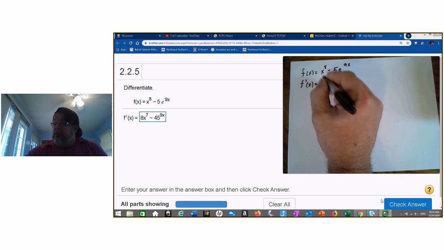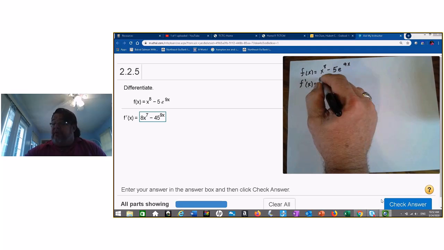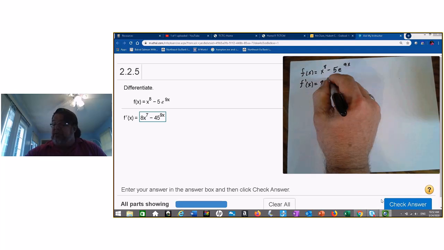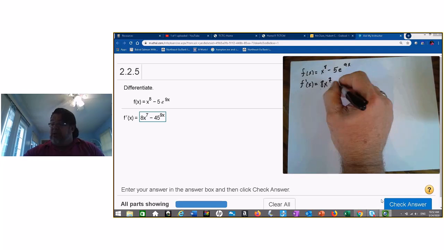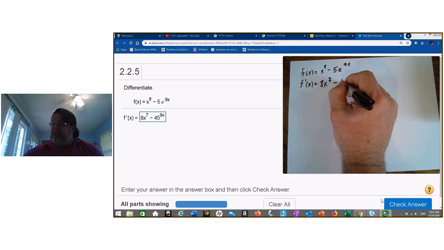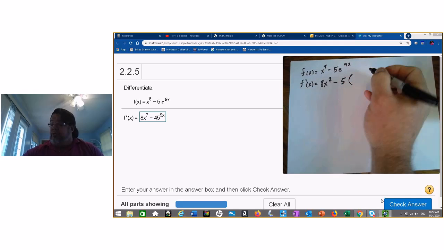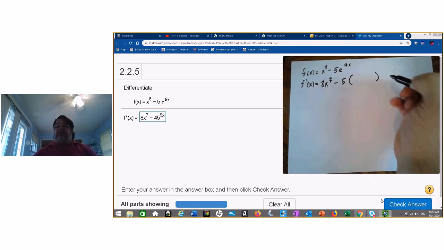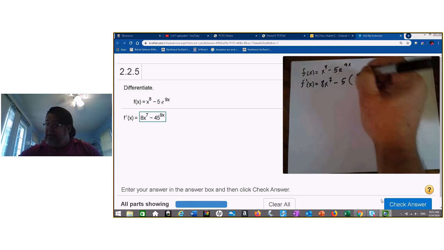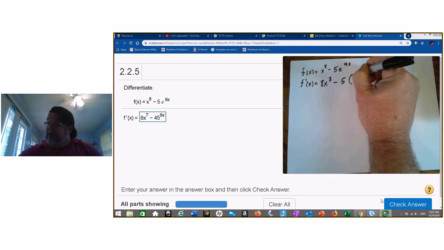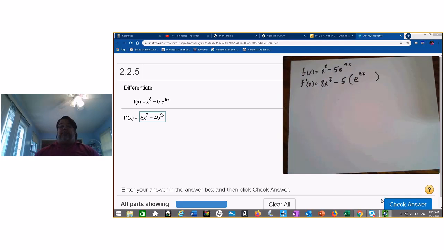All right, so the derivative of x to the 8th is 8x to the 7th minus, I'm going to pull that 5 out, and I'm just going to do the derivative of e to the 9x. Well, what's the derivative of e to the 9x? E to the 9x. But that 9 up there, what's the derivative of 9x?